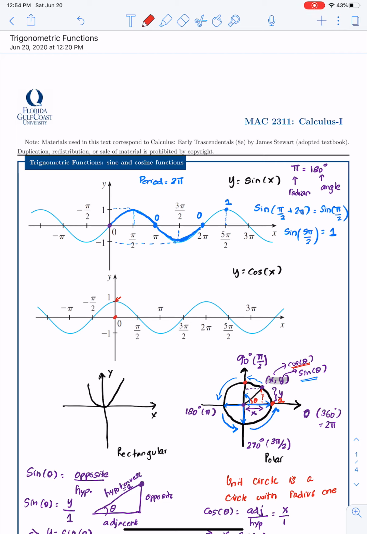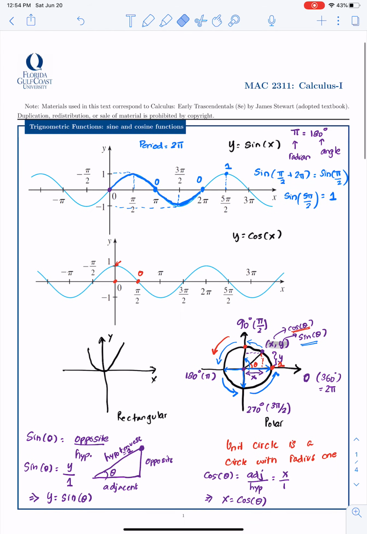And you can see in the unit circle, since we are on the y-axis, the value of x would be 0. So cosine pi over 2 is 0. And as I move here, I'm still looking at the x-coordinate.